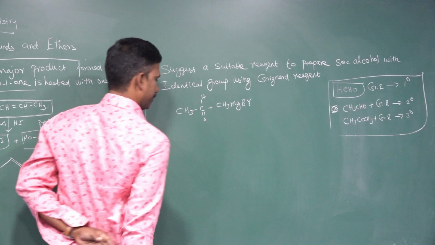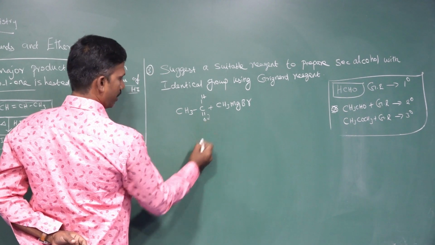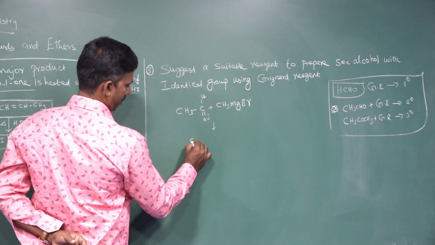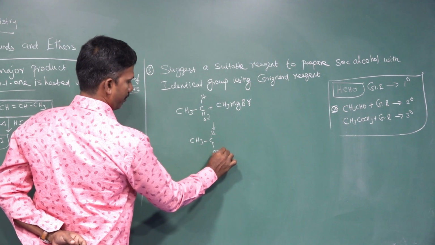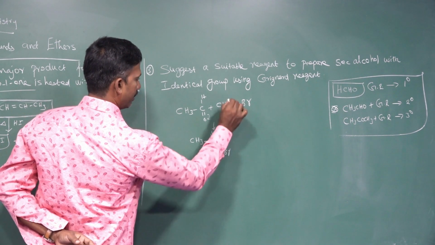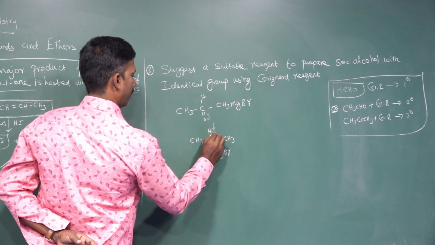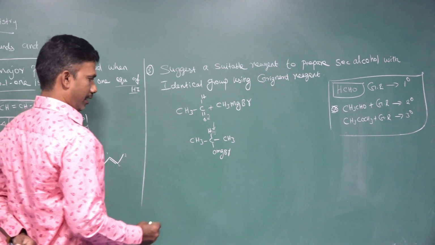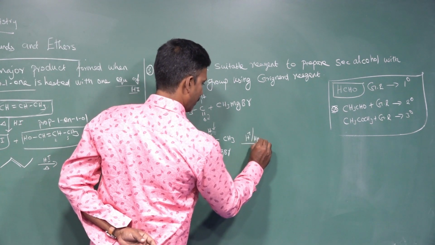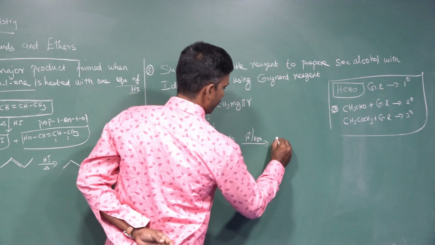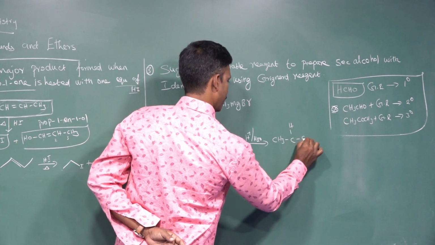What is going to happen? This bond goes like this: CH3, CH, O MgBr, the MgBr from the Grignard reagent, then CH3 will be coming here. Then acid hydrolysis. What is going to happen? CH3, C, it should be like this, CH3 will be like this.